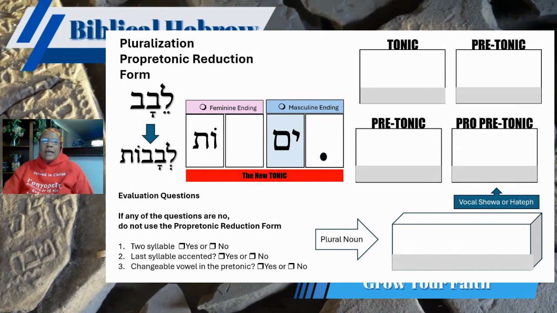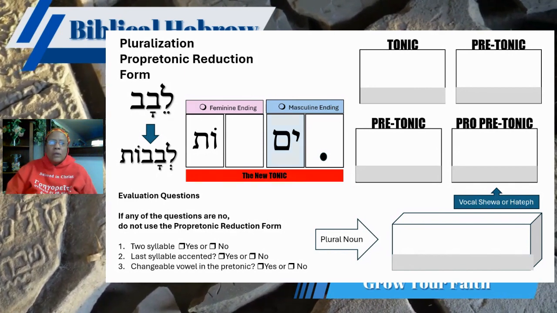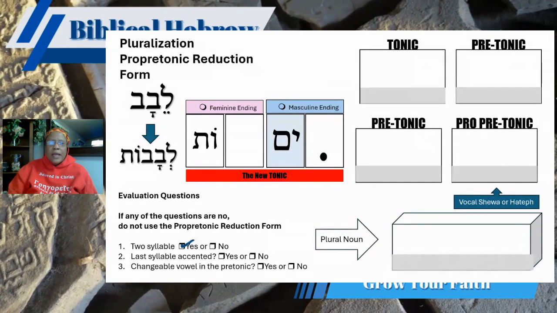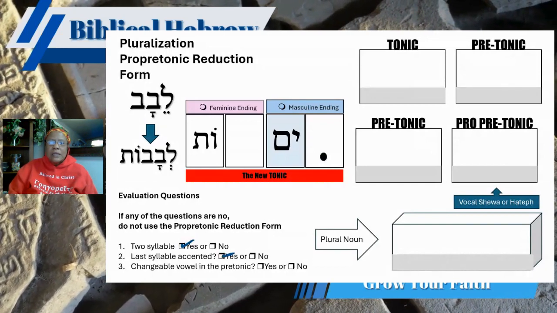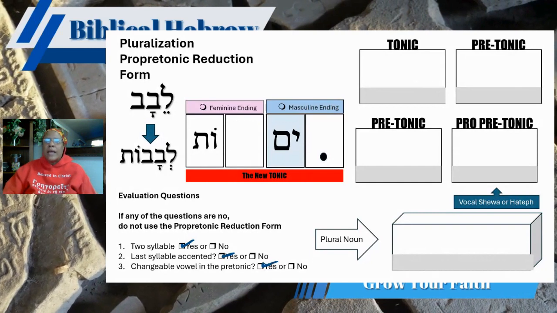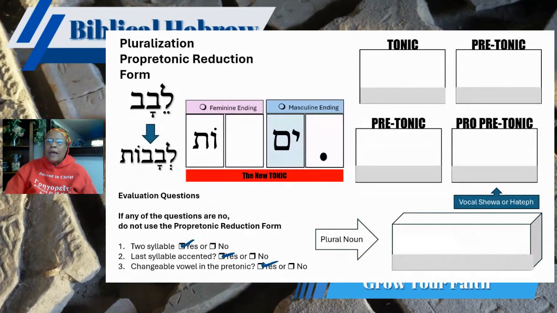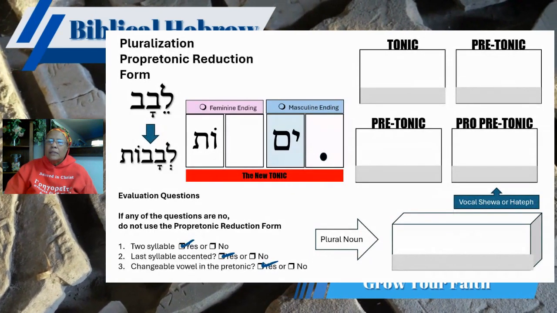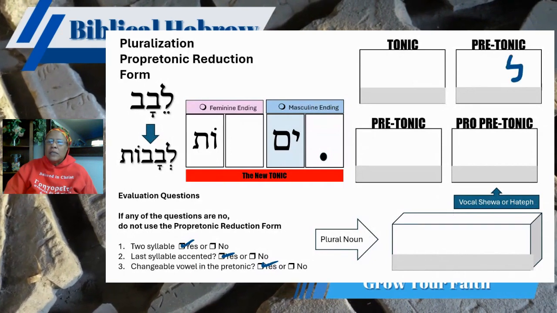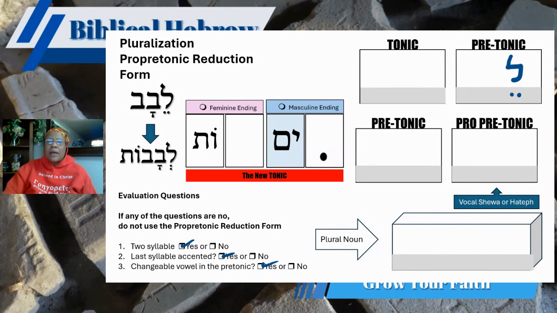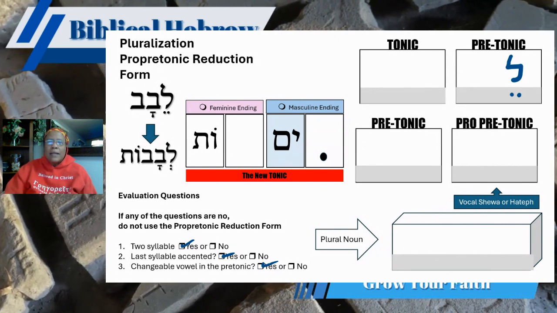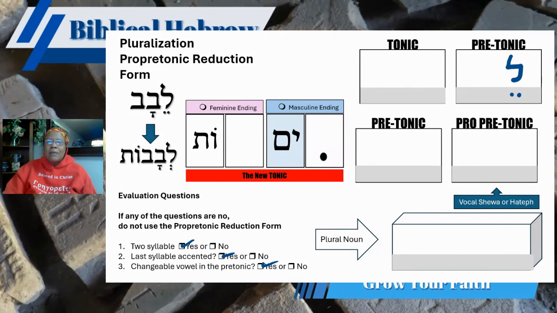Okay, so the next one is lavav, and we see it's two syllables, and it is accented on the last syllable, and the pretonic has a changeable vowel. As I write the pretonic, which is the lamed and the sere, and pronounce that Sadi better than I do.